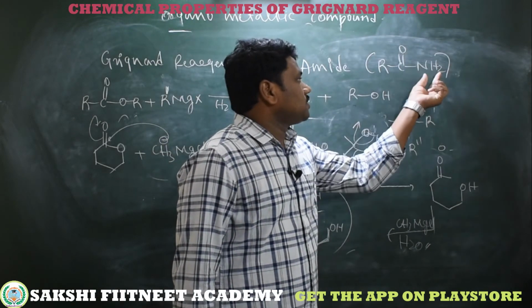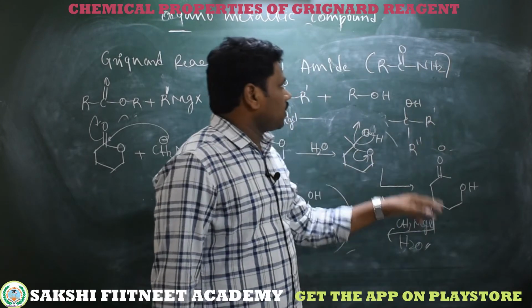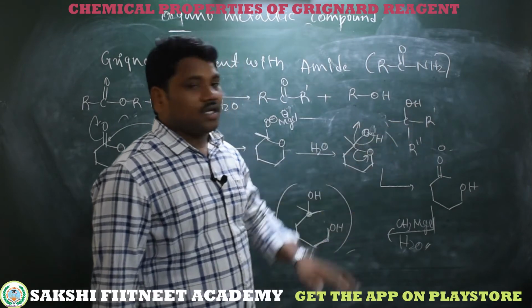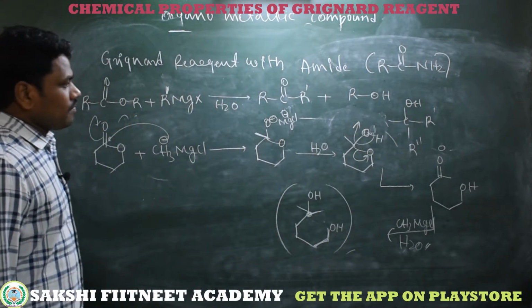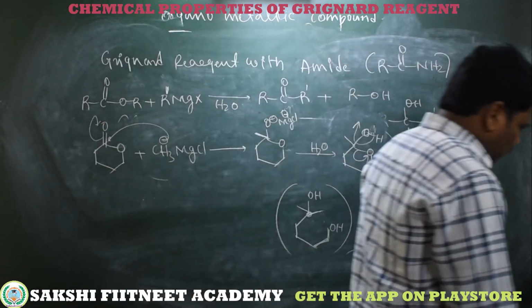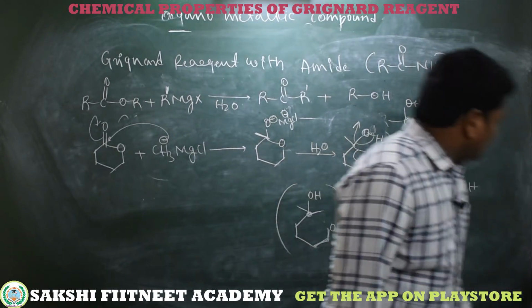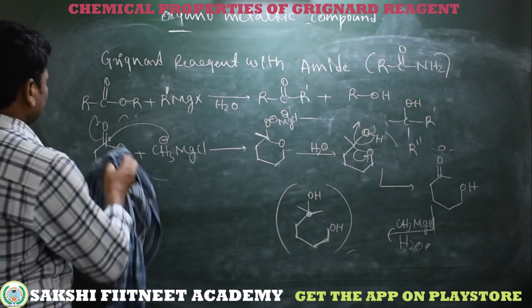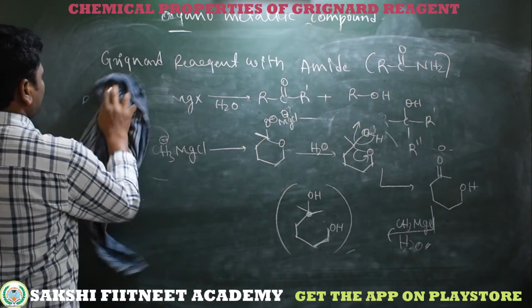NH2 minus with H plus becomes NH3. Same product: primary amide to ketone, ketone to tertiary alcohol. Amide to ketone, ketone to tertiary alcohol. So instead of OR here we have NH2. Next I am removing this.